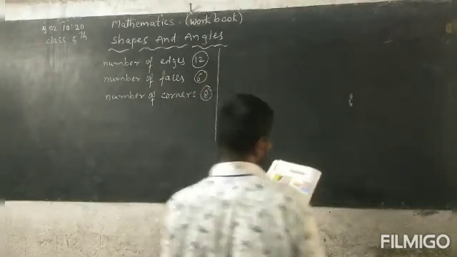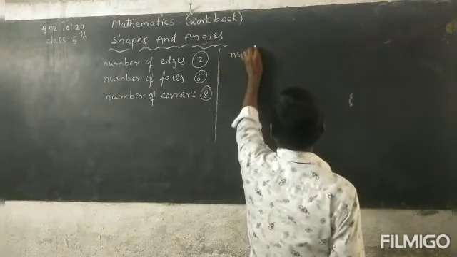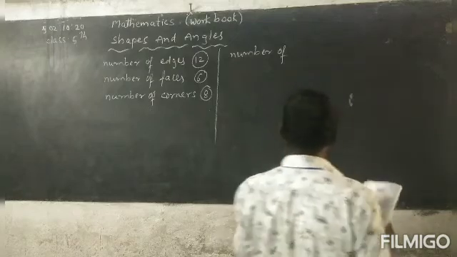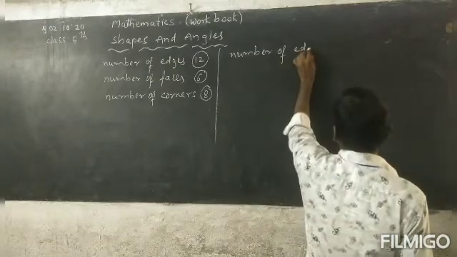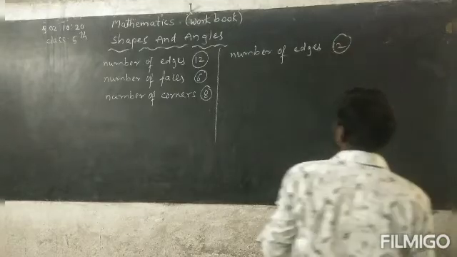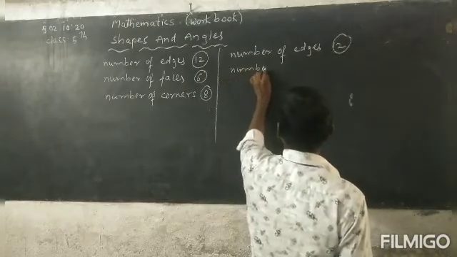Now next one, this is a cuboid. Number of edges. How many edges are there, beta? 12 edges. Next, number of faces. The cuboid has 6 faces.